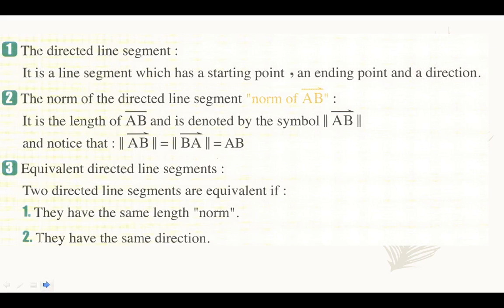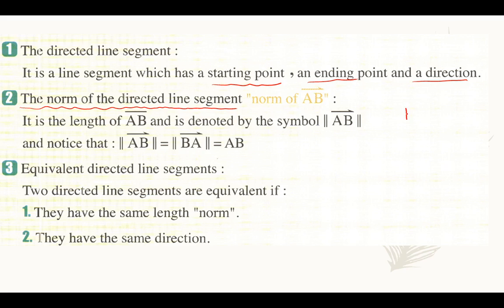Let's summarize what we are studying. The directed line segment is a line segment which has a starting point, an ending point, and a direction. The norm of the directed line segment: what is the norm of AB directed line segment? It is the length of AB, and it is denoted by the norm symbol.